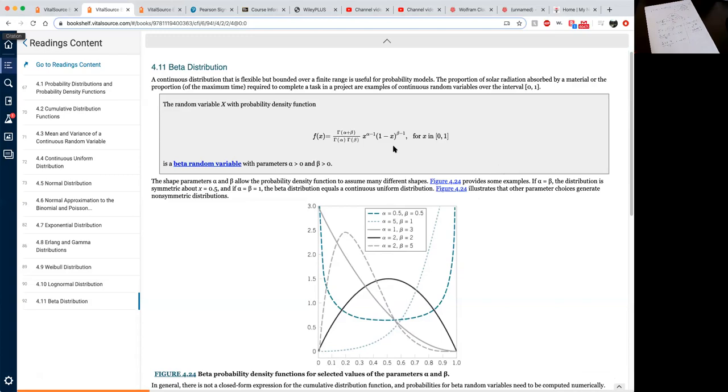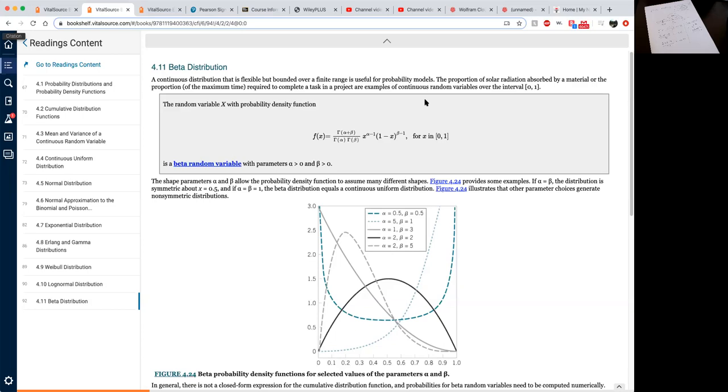You definitely need a calculator. So what is a beta distribution? It's a continuous distribution that is flexible but bounded over a finite range. It is useful for continuous random variables bounded over a finite range.